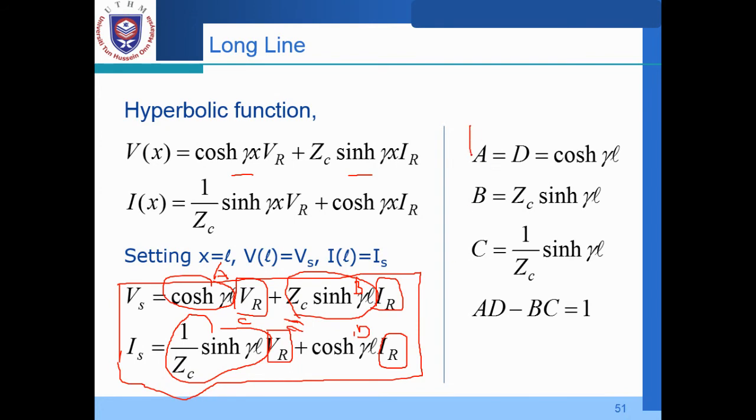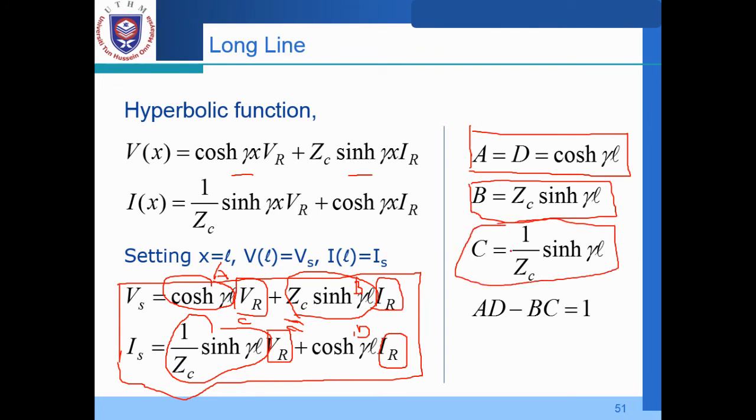So we can take out the parameters and put them here to have a better view, in terms of A, B, C, D. This is the determinant of the matrix: AD minus BC equal to 1.